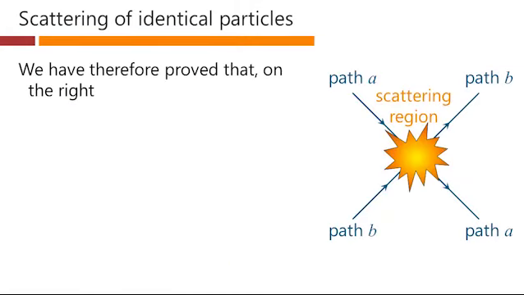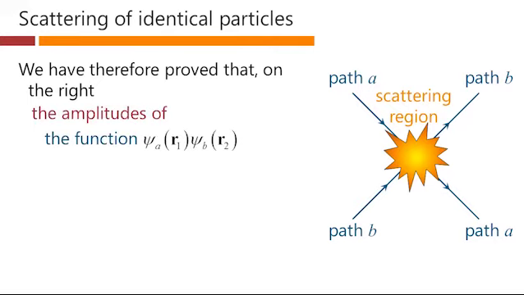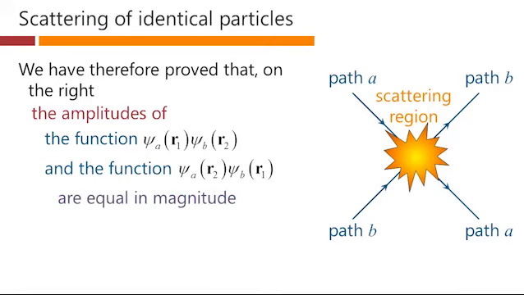We have therefore proved that on the right, the amplitudes of this function, which is particle 1 on path A and particle 2 on path B, and this function, which is particle 2 on path A and particle 1 on path B, are equal in magnitude, though possibly opposite in sign.